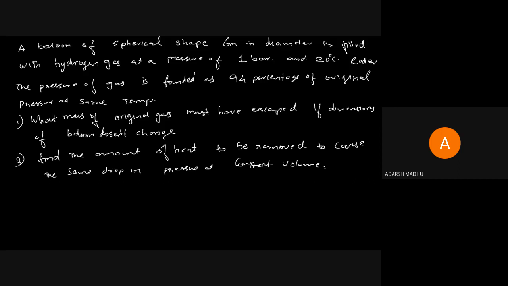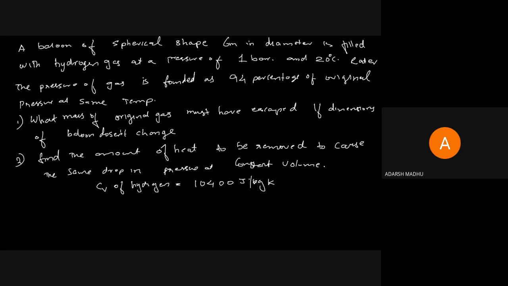Next question is find the amount of heat to be removed to cause the same drop in pressure at a constant volume. For a perfect gas or an ideal condition, the amount of heat at a constant volume is given as Q equal to mCV delta T. And the CV value is not given. CV of hydrogen equal to 10400 joule per kilogram Kelvin.